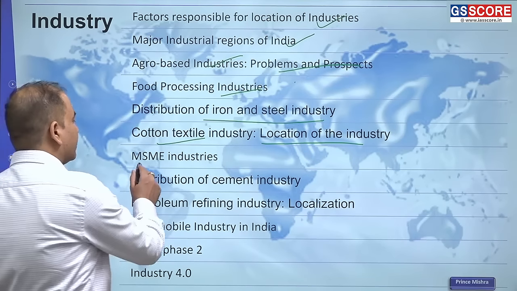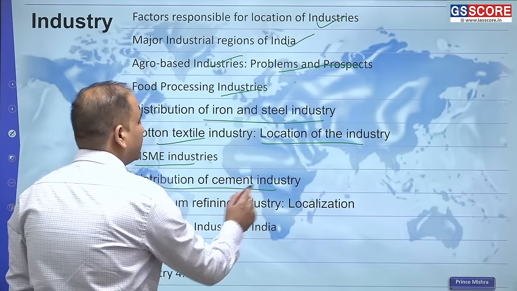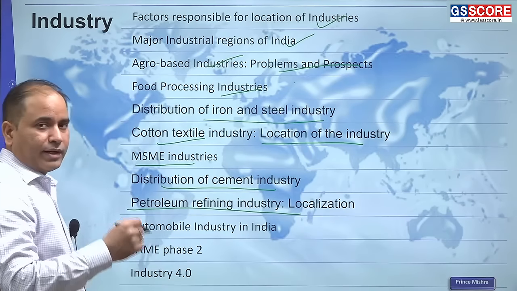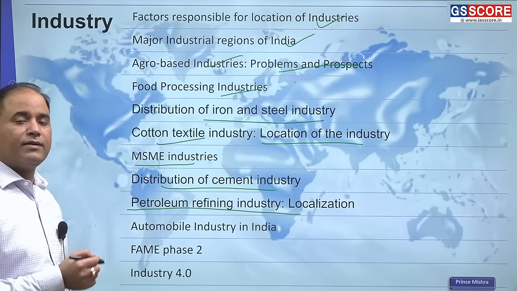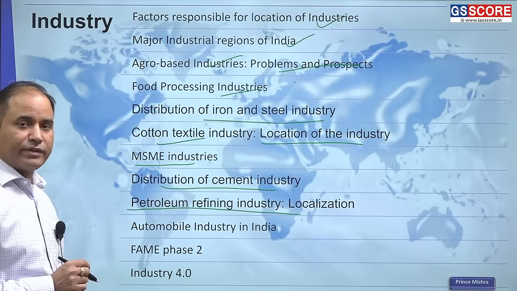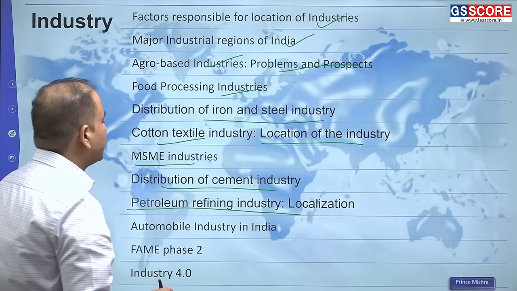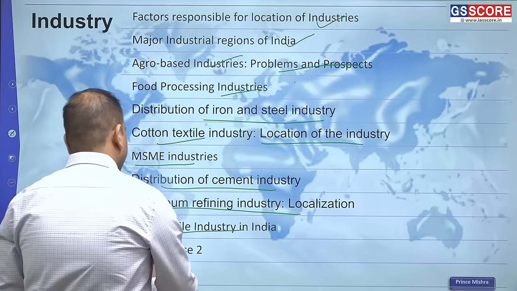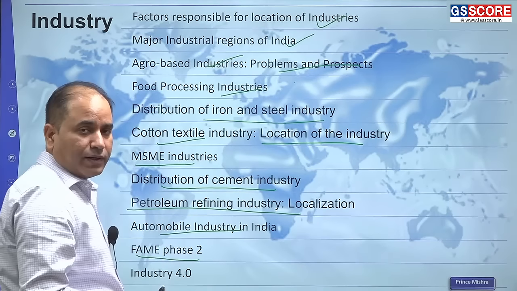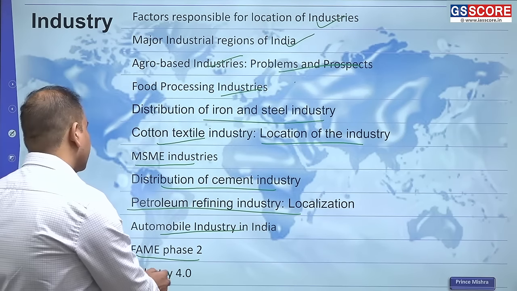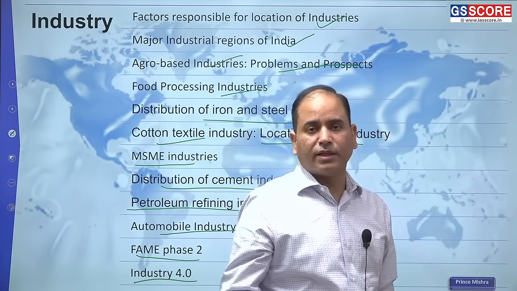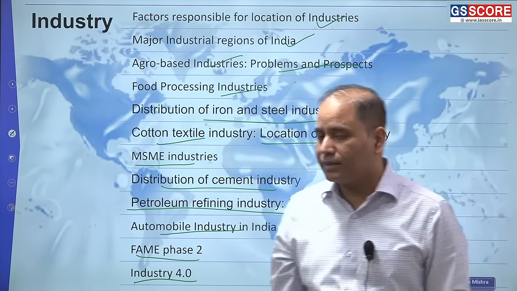Then you will have the MSME industry, distribution of the cement industry, the petroleum refining industry, where the refineries are located, why the refineries are mostly located in the 21st century near the market, the automobile industry, then FAME phase 2, associated with EV vehicles, then you will have Industry 4.0.